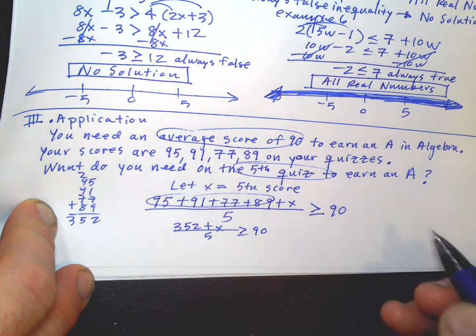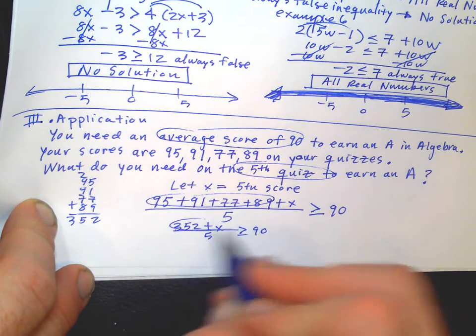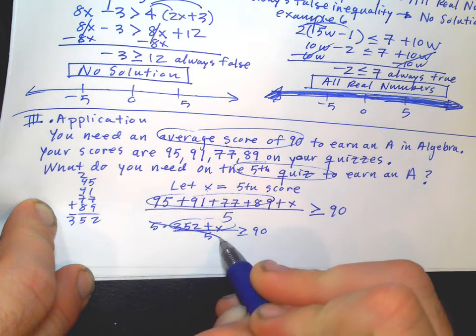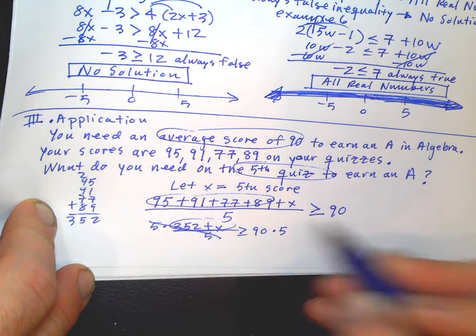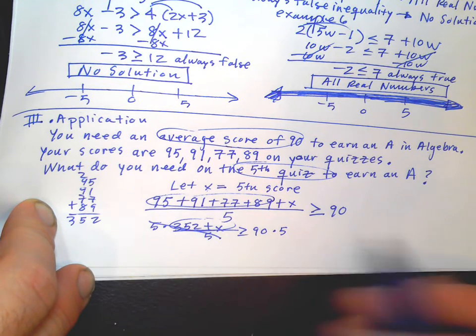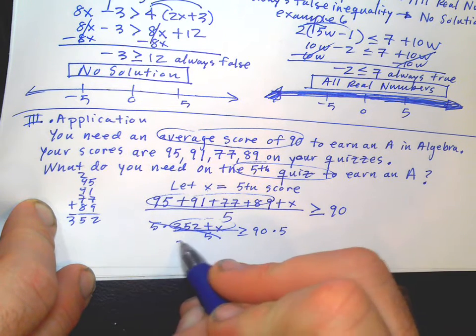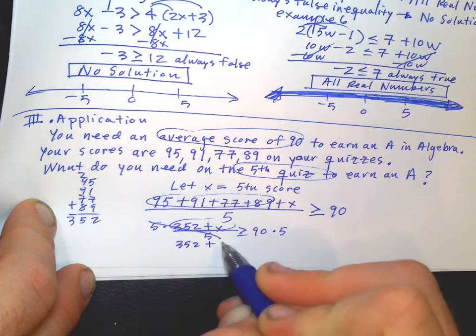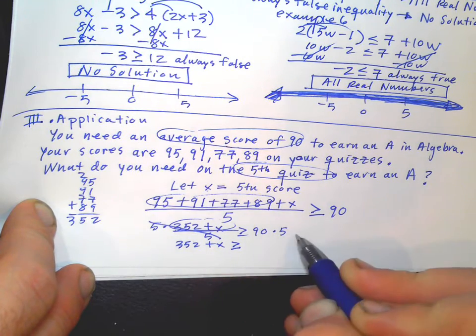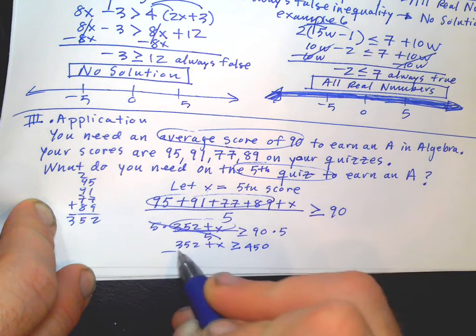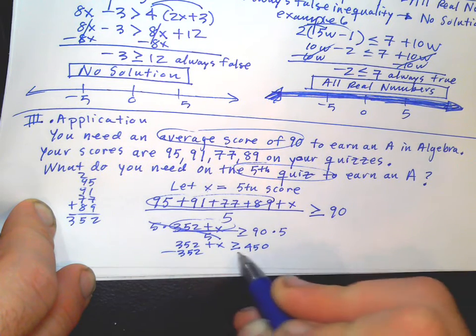Okay, now this is all being divided by 5, so that's kind of like a grouping symbol. So you want to get rid of the divided by 5 by multiplying by 5. So this time I'm going to get rid of the multiplication, move with addition because it's stuck inside of the division. So you got to kind of work your way from the outside in. So we got 352 plus x greater than or equal to 90 times 5. Well, it's 9 times 5? 45. Add a 0. Subtract 352 from both sides.